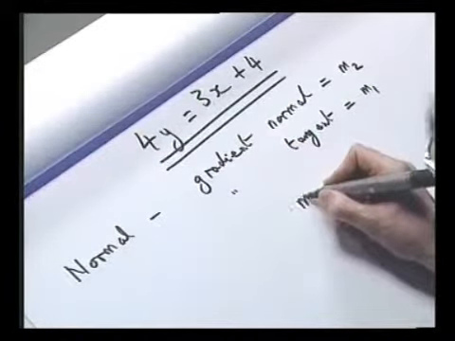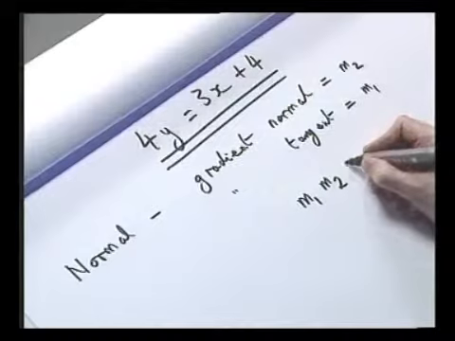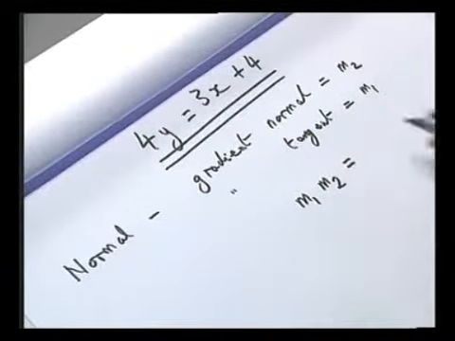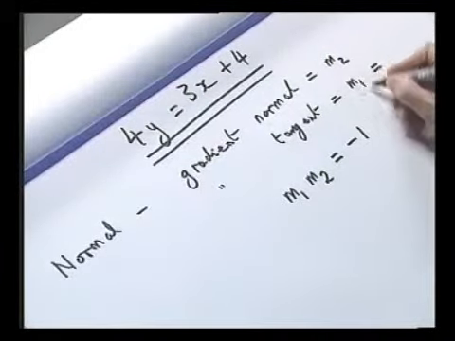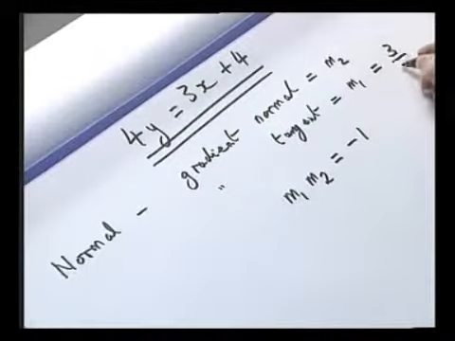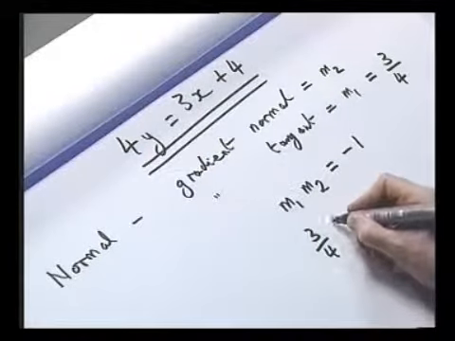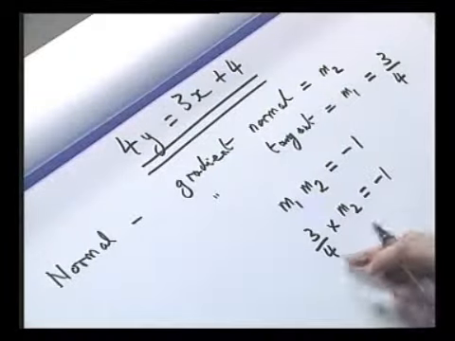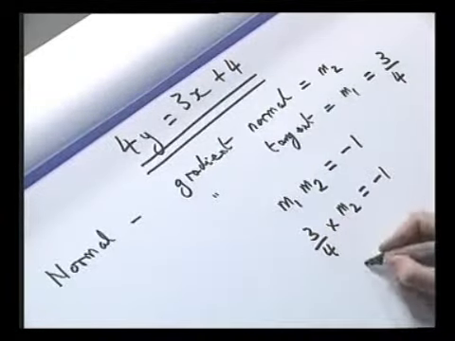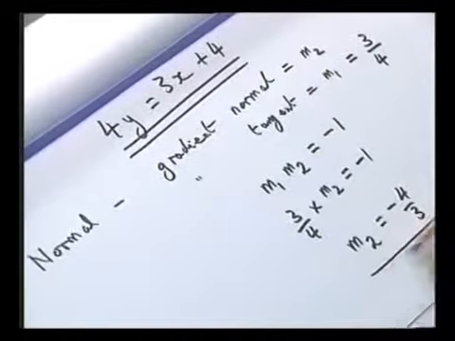And the thing that we said about two lines at right angles to each other was that if we multiplied their gradients together, the answer we got was minus 1. Now we do know the value of m1. We do know the gradient of the tangent is 3/4. So if we put that in, 3/4 times m2 is equal to minus 1. So if we multiply up by the 4 and divide by the 3, we get m2 is equal to minus 4 over 3. And so now we know the gradient of the normal.